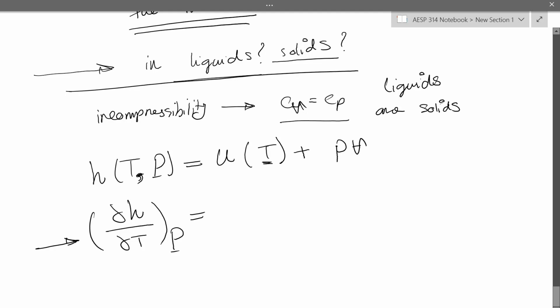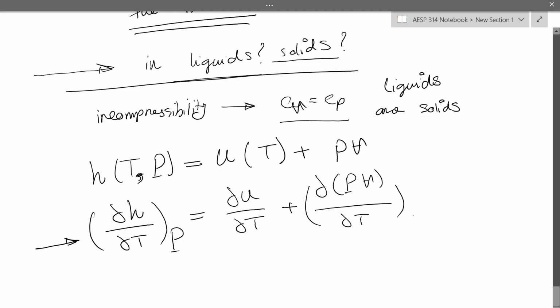U is not a function of pressure, so it doesn't really matter. And then what will happen to this side? This part, volume: it's solid and liquid, so it is incompressible. Volume is constant, right? And pressure we are keeping constant. So the derivative of a constant with respect to temperature is going to be 0, right?